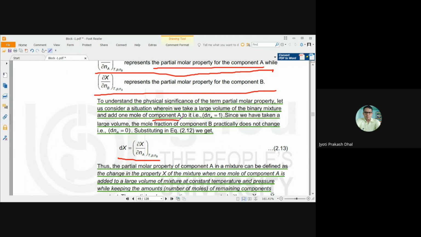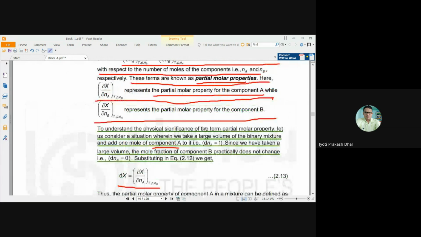We have added no substance B, only 1 mole of component A. So the change in number of moles of A, that is dNa, equals 1.